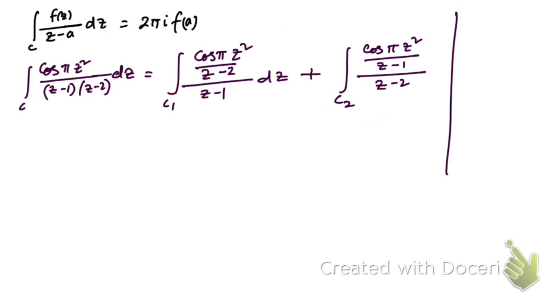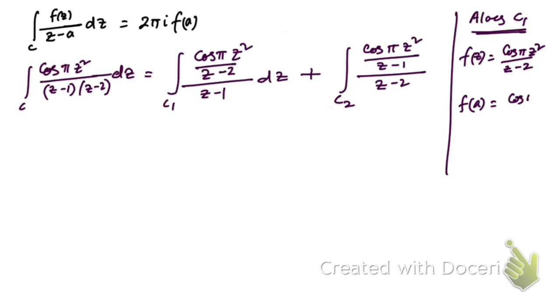For the first case along C1, f of z is cos pi z square by z minus 2, and f of a is cos pi a square divided by a minus 2, where z minus a is nothing but z minus 1.